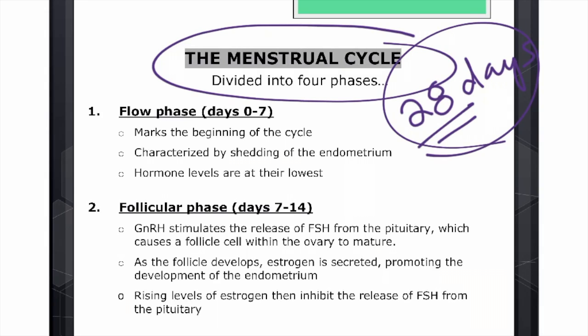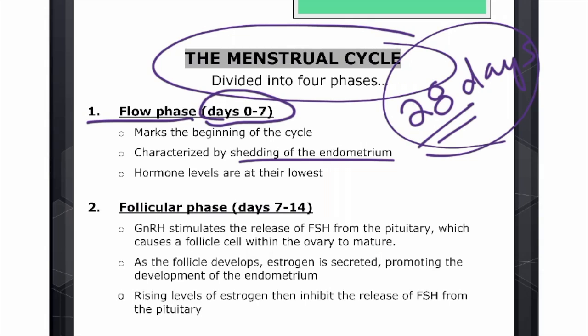The first phase of the menstrual cycle is classified during days 0 to 7. We will need to remember that timeline, but this is categorized as the flow phase. This marks the beginning of the cycle. This is where the shedding of the endometrium happens.